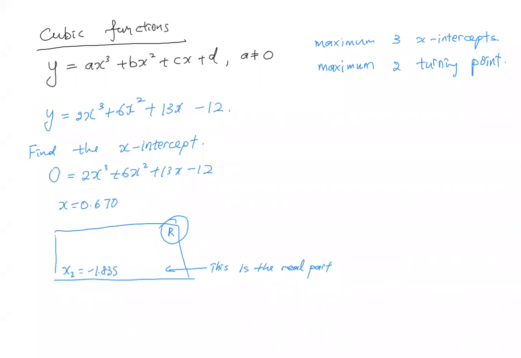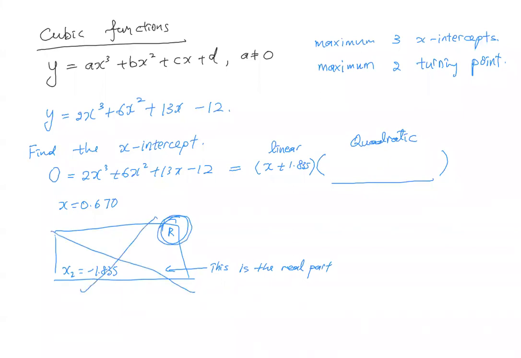Because for a cubic, I can factorize as a linear and a quadratic. The linear one will be, maybe, x plus 1.835. And the quadratic here is without real root. So that's why there is an R here. So this is not the solution. I told you the solution must be real. So therefore, this one has only one x-intercept.